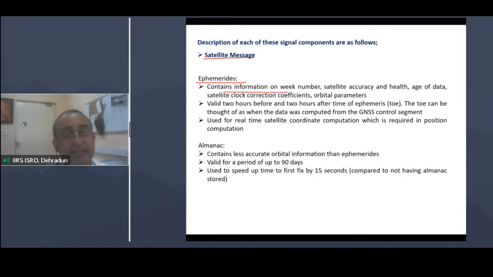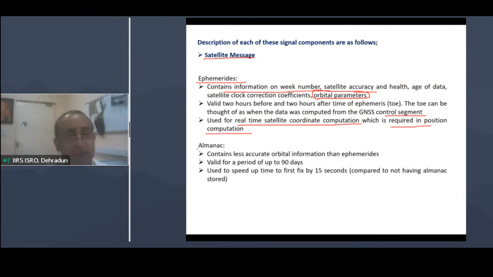This contains information on week number, satellite accuracy, health, age of the data, satellite clock correction coefficients and orbital parameters. From orbital parameters, we calculate the known coordinates of the satellite, valid 2 hours before and 2 hours after the time of ephemeris. The toe can be thought of as when the data was computed by the GNSS control segment. That is the time of availability used for real-time satellite coordinate computation, which is required in position computation.